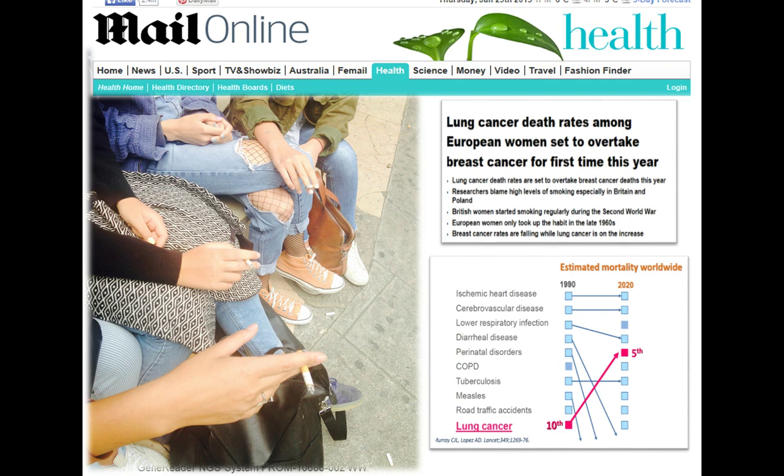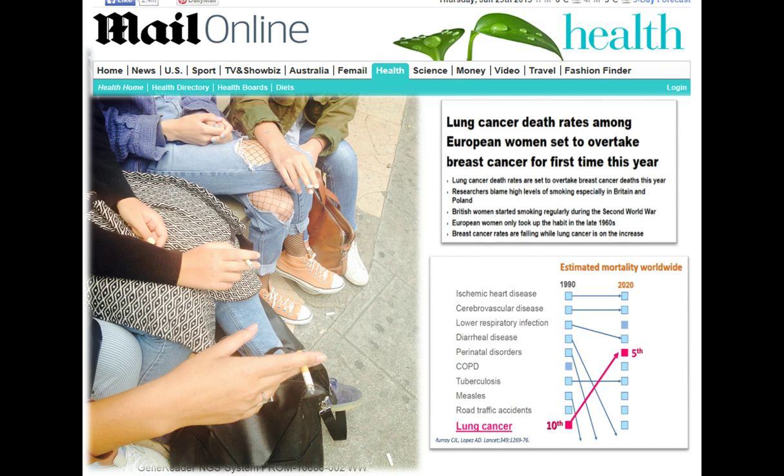And despite many campaigns of prevention to combat tobacco addiction, in particular among young people, the lung cancer death rates among European women increased these last few years. It's noteworthy that now lung cancer is the first cancer killer in women living in certain European countries, such as UK or Poland, and probably in France.